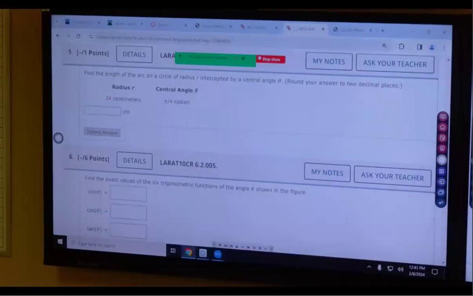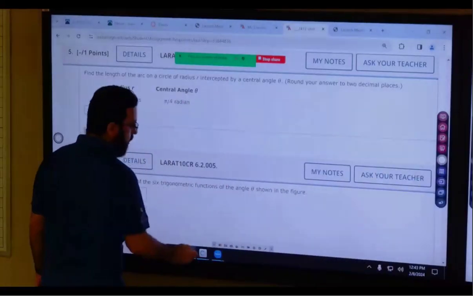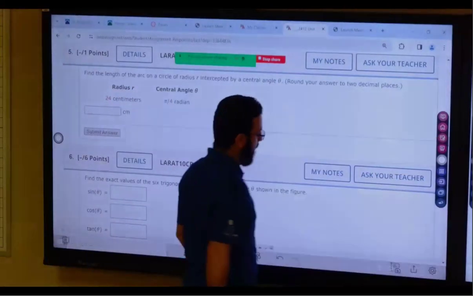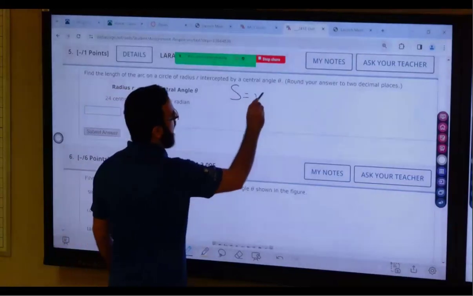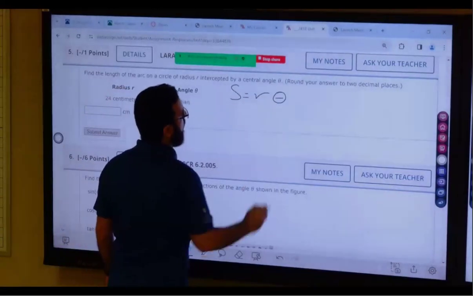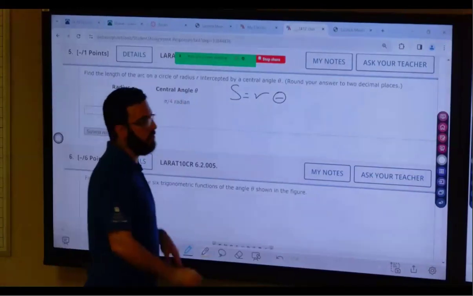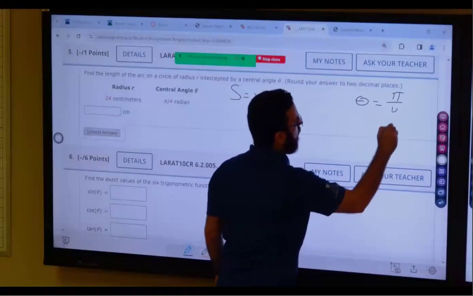Because the angle is already in radian mode. So S is going to be R times theta. The theta is already in radian mode, so I don't have to change it. Theta already equals pi over 4.